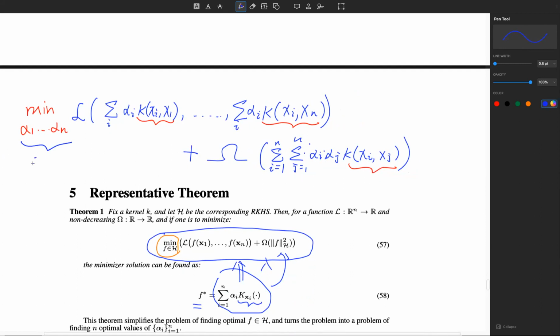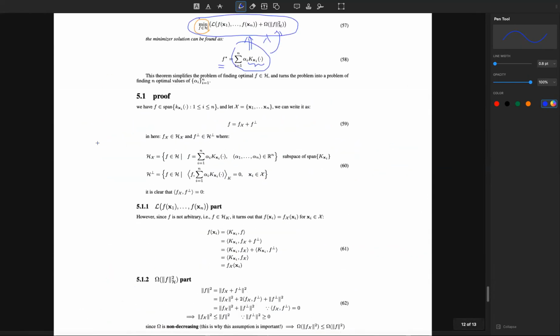So you are basically minimizing an n-dimensional vector, the alpha vector, and minimizing the alpha vector is super simple. Okay, so what I'm going to do now is show you a real example of that.